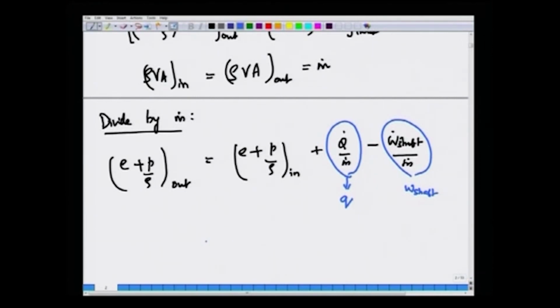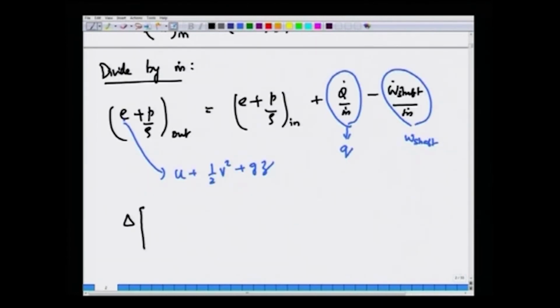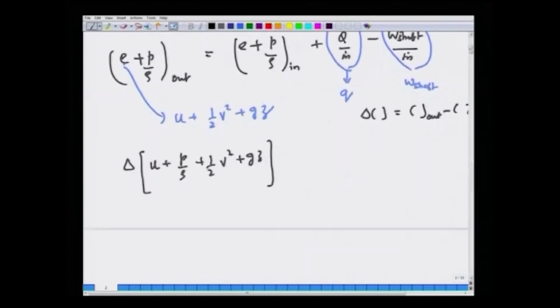Now, as per the second law of thermodynamics, once you expand E to be U plus half V squared plus g z, you get delta of (U plus P by rho plus half V squared plus g z) equals q minus W shaft, where delta of any quantity is that quantity evaluated at out minus in.